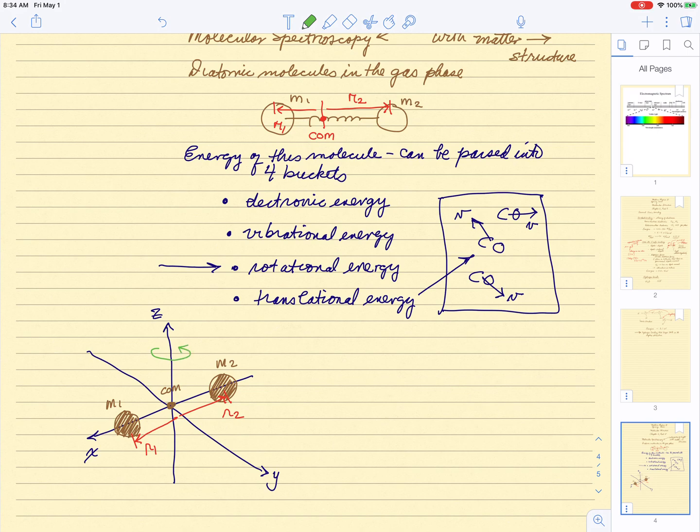So you can imagine that this diatomic molecule is rotating about the center of mass, about the z-axis. It can rotate about the y-axis, and believe it or not, it could even rotate about the x-axis, along the internuclear axis.